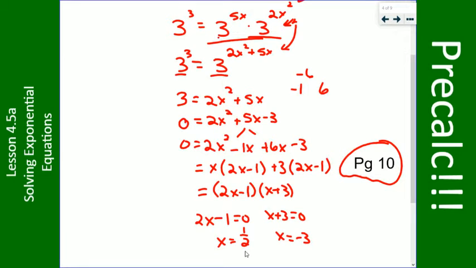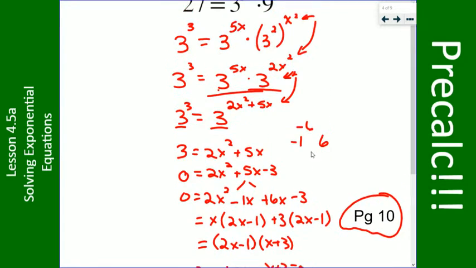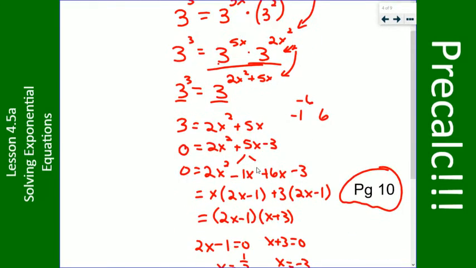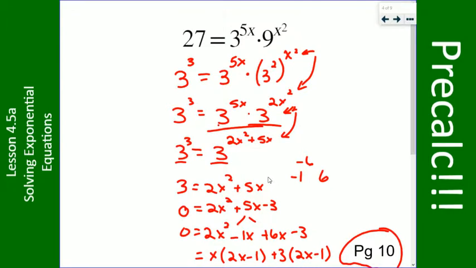But once you're able to get here, this is factoring. This is all stuff that we've been doing for a long time. So please again review those exponent rules on page 10, but also remember that factoring is never going to go away. We wouldn't have spent so much time on it at the very beginning of the year if it did.